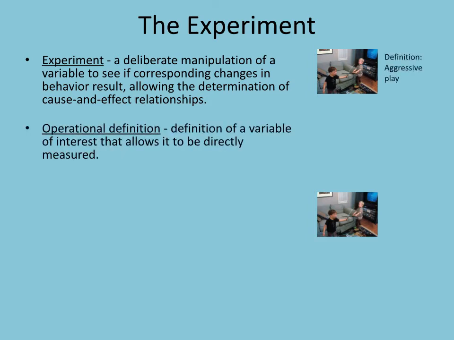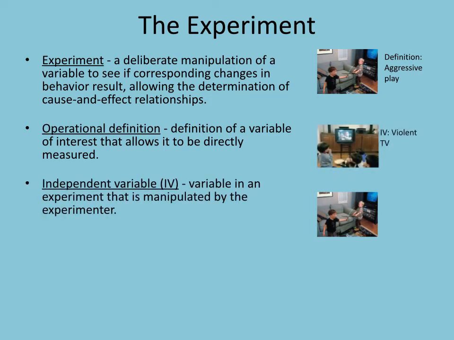Now, the operational definition of an experiment is the definition of a variable of interest that allows it to be directly measured. Your operational definition is really the rules of the experiment: how to set up the experiment, how to do it, what things are being compensated for, what things are not being compensated for.